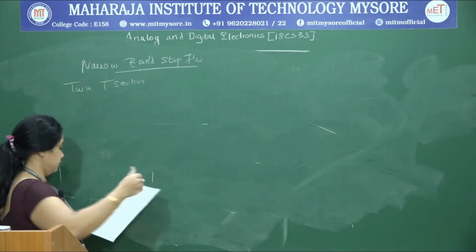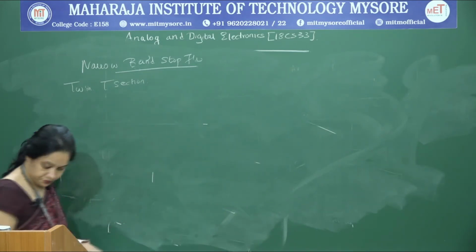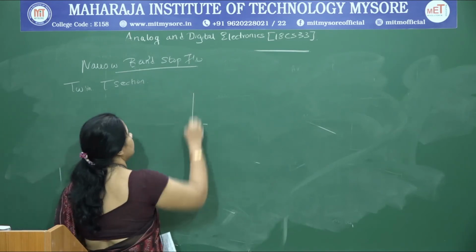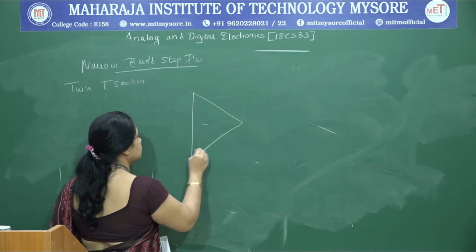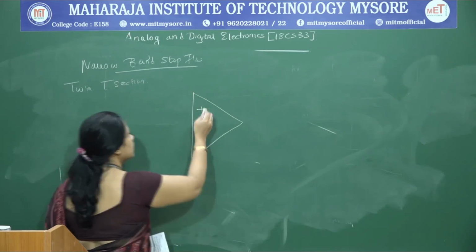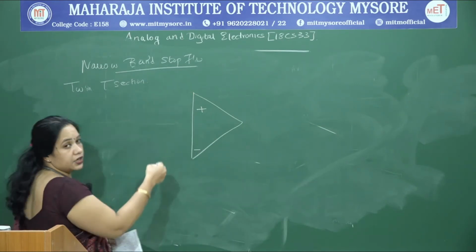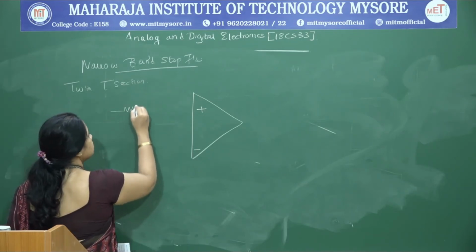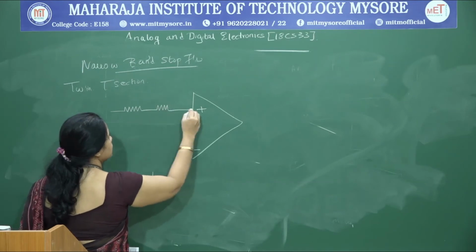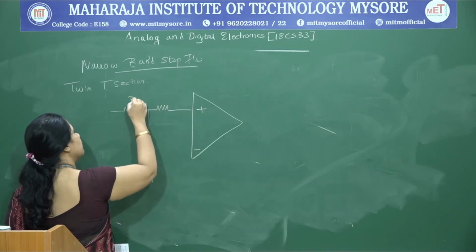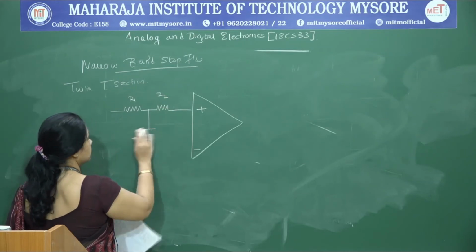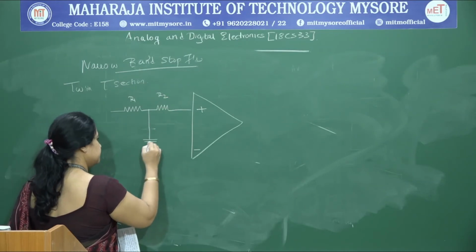So, as you are aware, all filters basically have negative feedback. So, the input is applied to the non-inverting type. As I said, the first T section comprises R1, R2 and say C3.